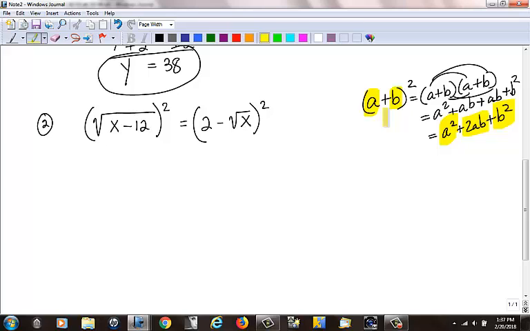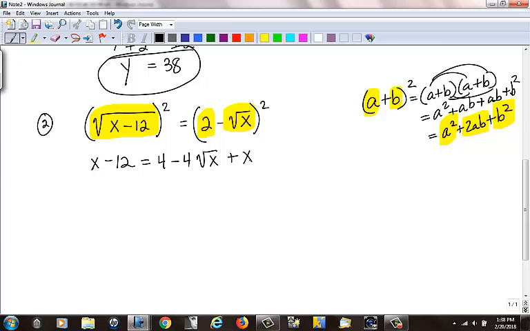Okay, so go back to this. If I square this, it's just going to get the x minus 12. Shortcut to square this, you square the first term, 4. You multiply these two together, negative 2 radical x, and double it, negative 4 radical x, and then square the last term, it's x.